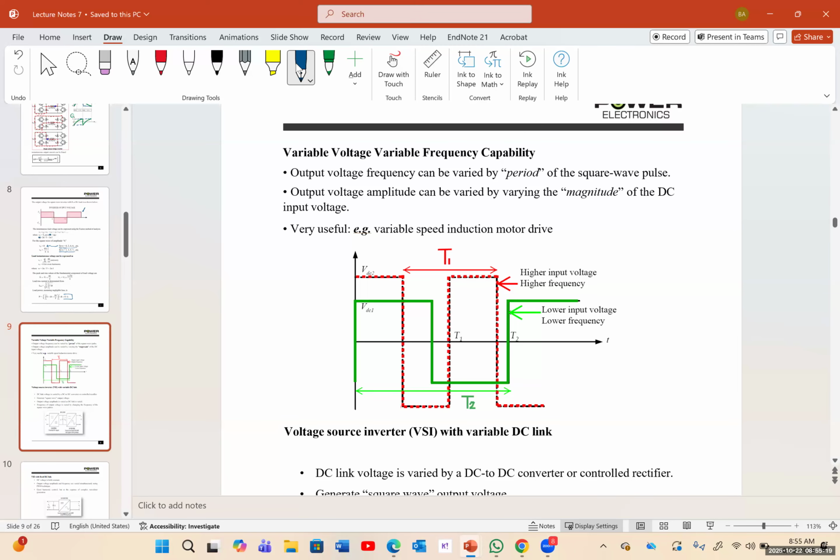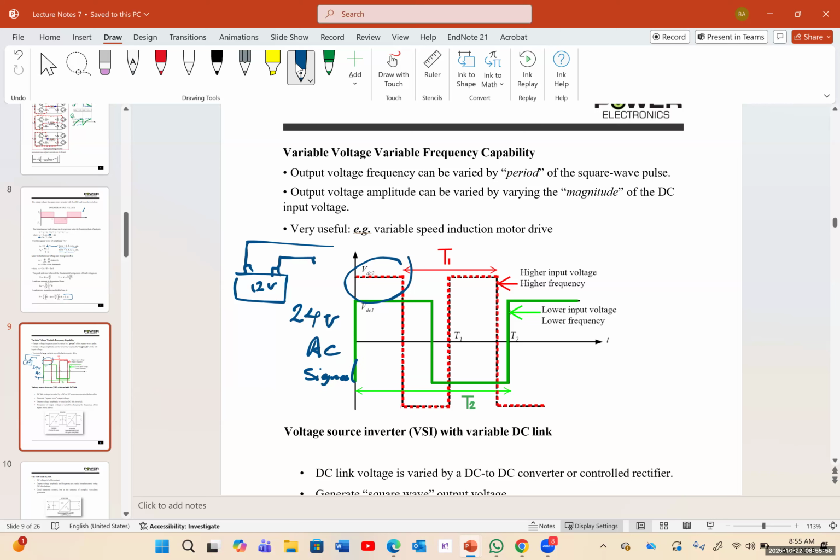So let's imagine a scenario that we have a battery. It's a 12-volt car battery. And I want to convert this, let's say, to a 24 volts AC signal.